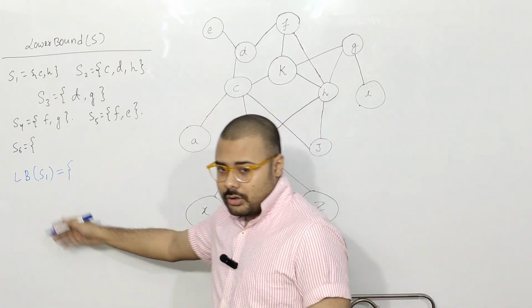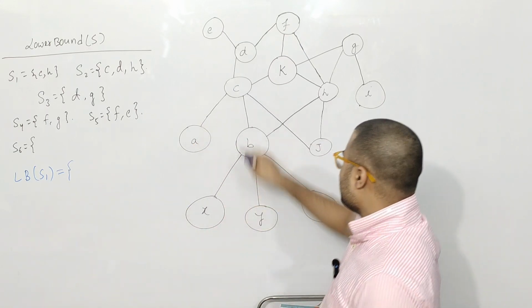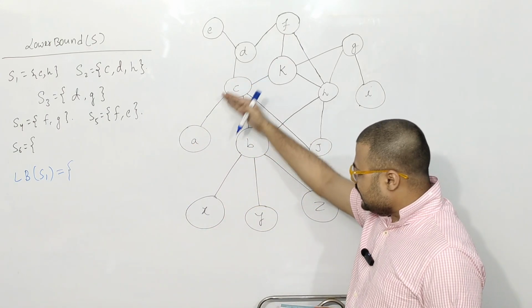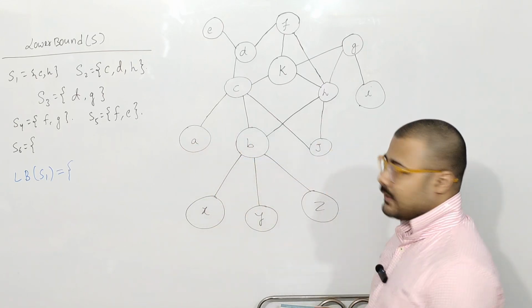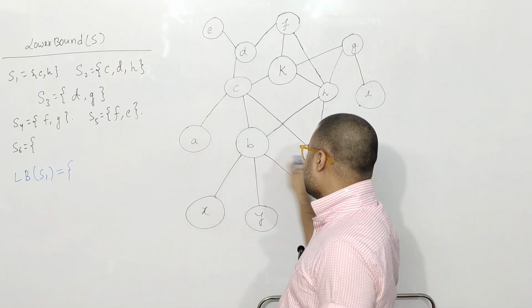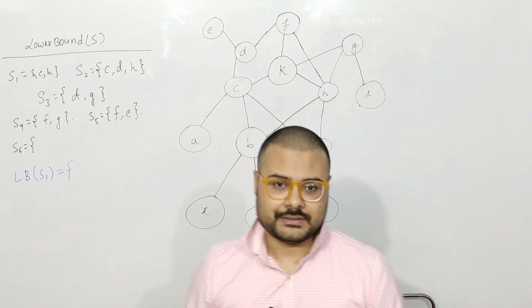Now let's find out the lower bound of S1. From C, you go one step in the downward direction. There is A, there is B, and there is J. Out of these A, B, and J, I am trying to get to the point of meet.